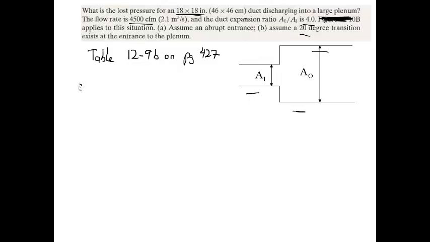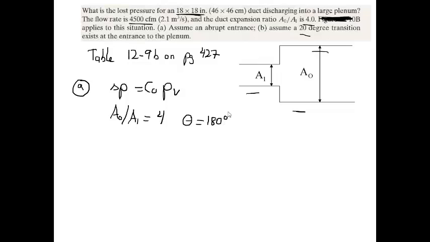So section A is asking us to find the pressure loss. So that would be the coefficient that we get times the velocity pressure. We have an area expansion of 4 and an abrupt entrance of 180 degrees. According to the table, you should find a coefficient of 10.56.